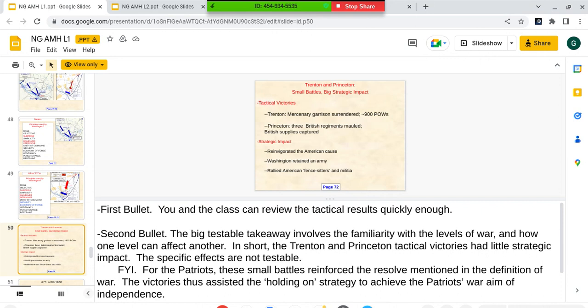A lot of people who hadn't made the decision yet about whether to side with the British or the Patriots saw this battle and the huge victory for Washington, and they realized we should side with the Patriots because they actually have a chance of winning this war. So it really helped to bolster recruitment for the army and for the militia on the side of the Patriots.